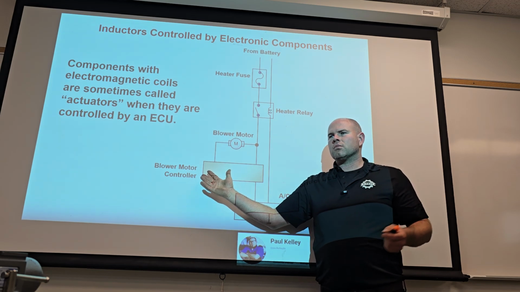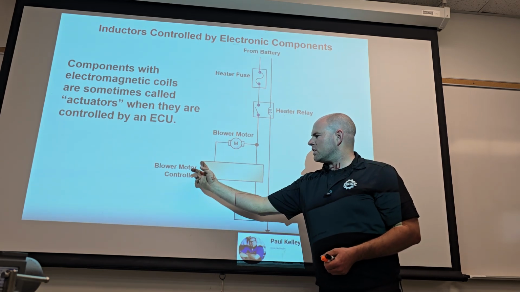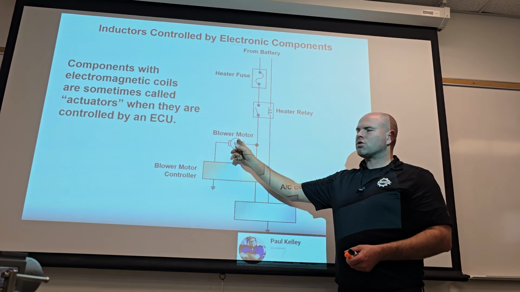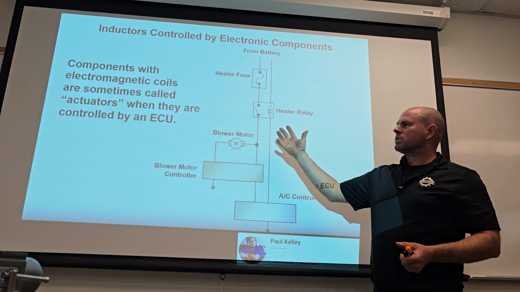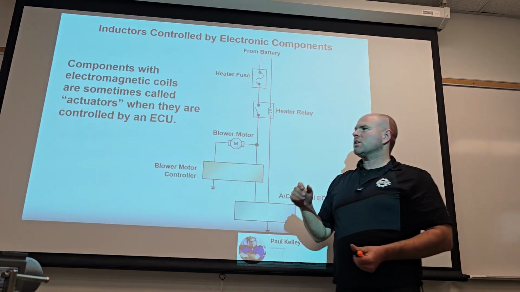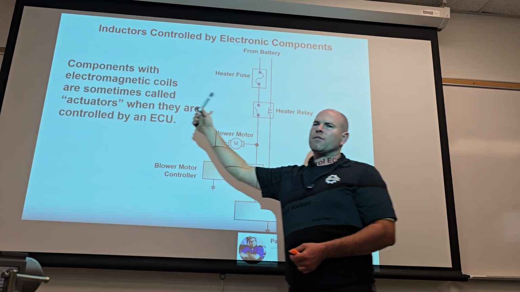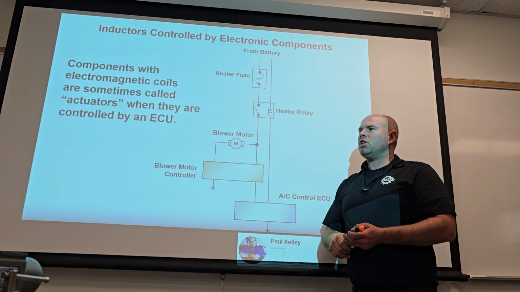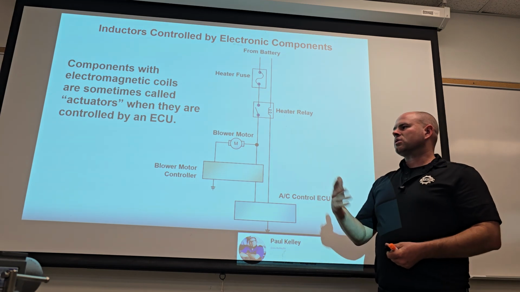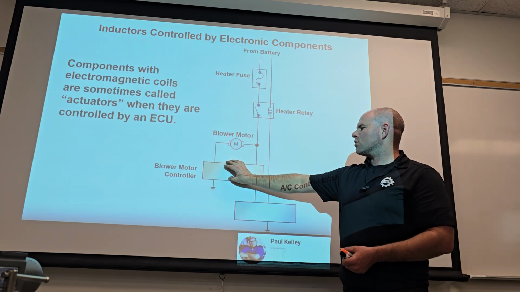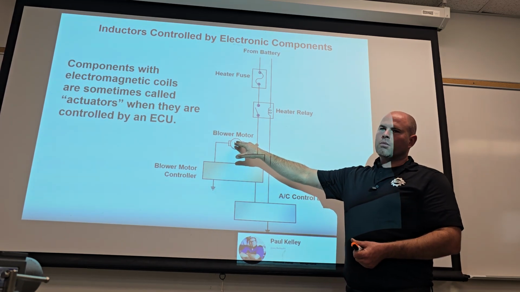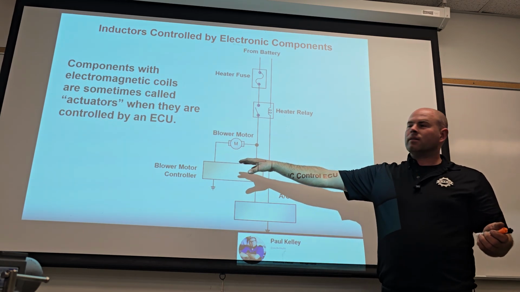Transistors would be the go-to, cool. But we're using those transistors and electronics to control the motor. Now, when we deal with this type of stuff, a lot of times they may call it an actuator. So if you went in with the scan tool, you could do an actuation test. You could use this control module to make that blower motor run, because that's how the system works anyway, right?